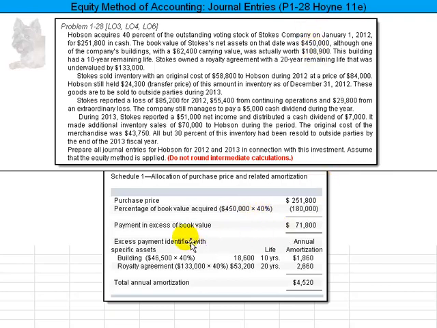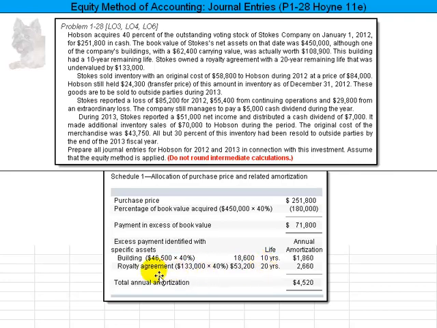So there was a payment in excess of book value of $71,800, and then we were specifically to identify what it was for. So we said the building which we acquired for, was it 46.5, really was worth a bit more, so we've got to take the 18,600 adjustment and amortize that over 10 years.